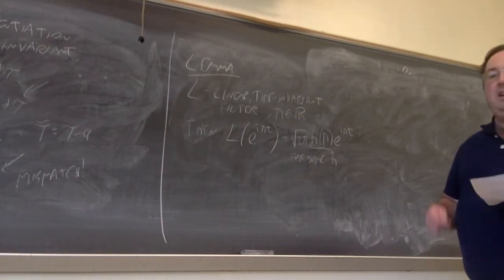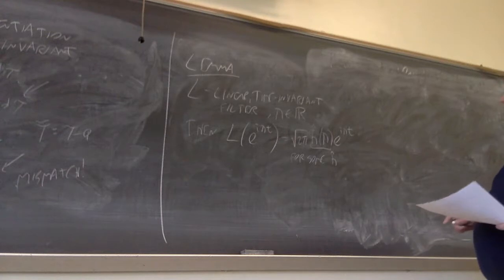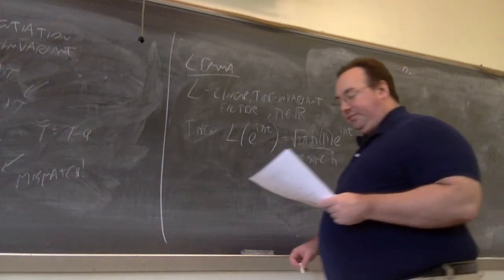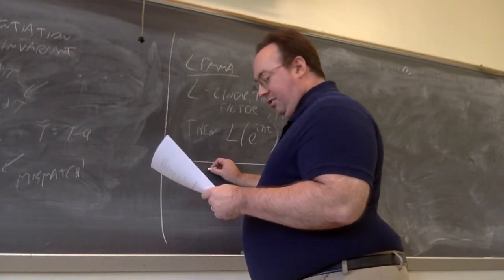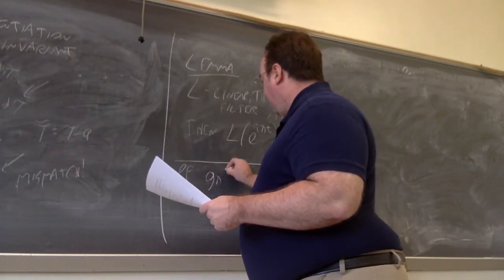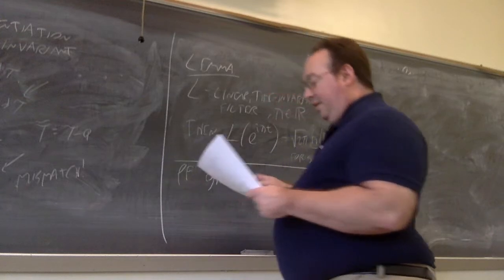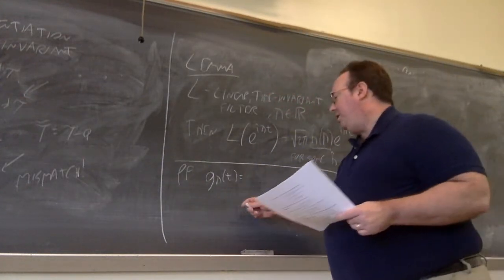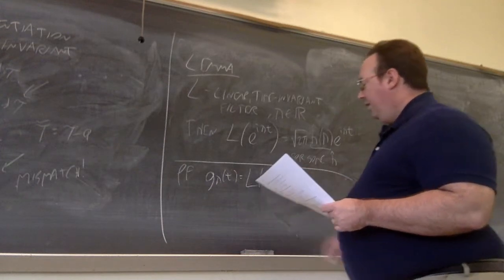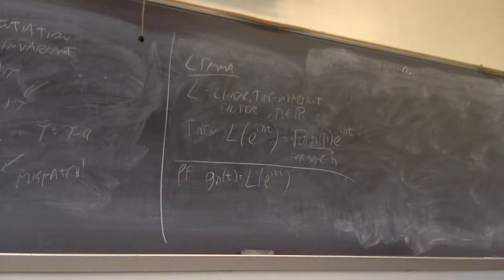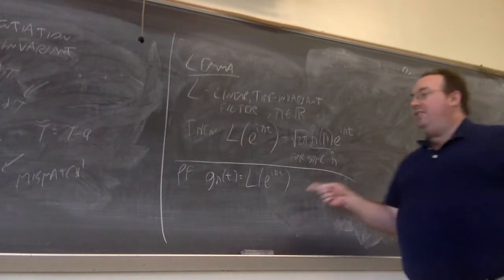So here's how you figure out what the function h hat of lambda is. Okay, so to prove this, and it's a pretty short proof, I'm going to define this function g lambda of t to be the result of applying the filter to this e to the I lambda t. Now, L is time invariant.